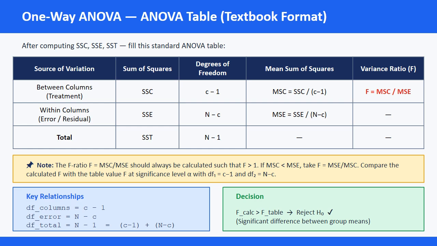Finally, F is equal to MSC divided by MSE, or MSE divided by MSC, because we have to ensure that F is always greater than 1. If not, we take the reciprocal as MSE divided by MSC. Now we have to compare the calculated F with the F table value.